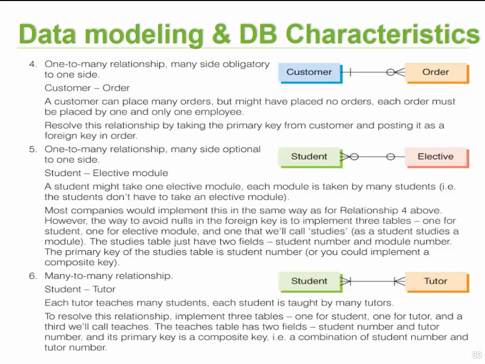So, very importantly, look at the business rules, because in some cases companies would give you a business rule and they would expect you to come back and draw something like this by just looking at that business rule. And we're going to do an example of that at the end of the class.